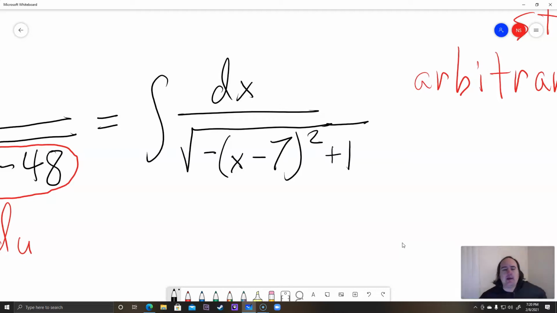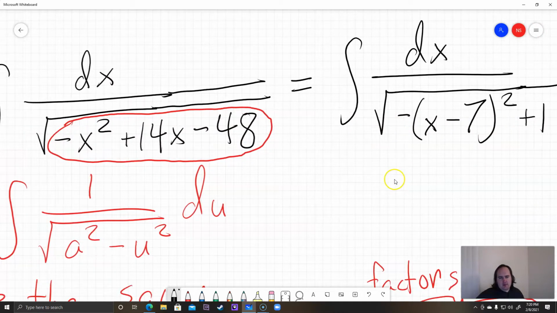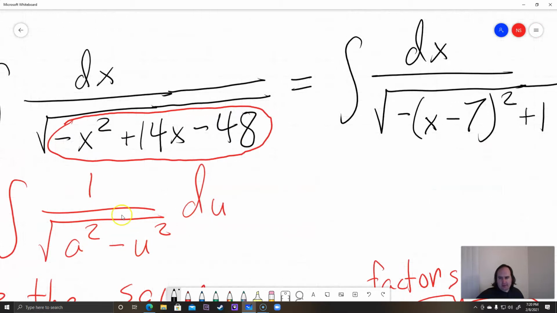Okay, and with that we are almost finished with the hard part, the new hard part, which was completing the square. So we have completed the square, but then we still need to get it in exactly this format.